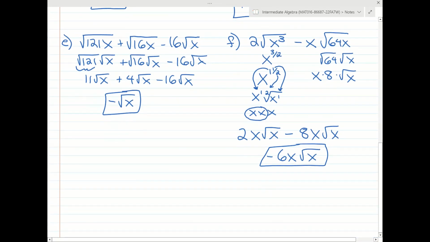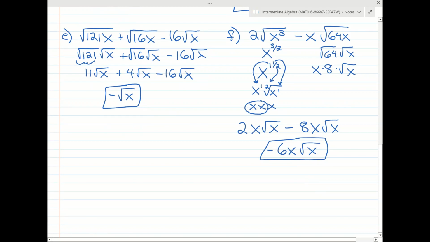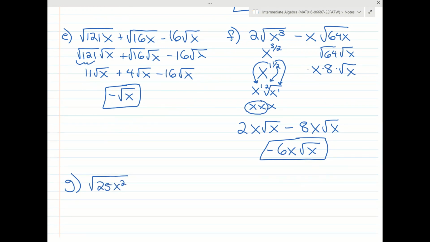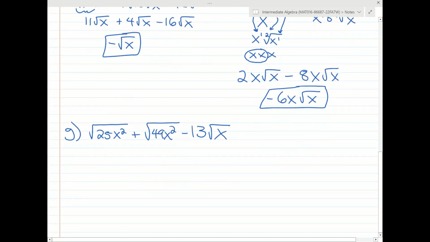All right, and maybe we'll just do one more to wrap this up. And that is the square root of 25x squared plus the square root of 49x squared minus 13 root x. The way we simplify this is we do the square root of 25 times the square root of x squared.